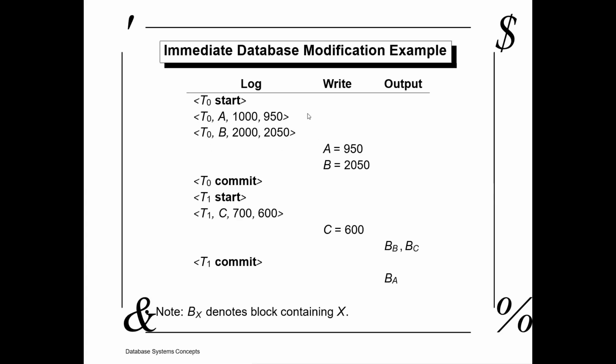Can you tell me how the B operation will be written into the log file? Whatever the A operation, we changed the A value 100 to 200. How is that written in the log file? T2, comma, A, comma, 100, comma, 200 is written.